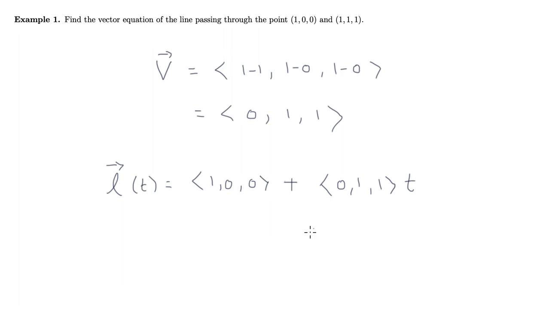So here's the vector equation of the line, and we can write this as (1, t, t). And you see, if we take t equal to 0, we get this point, and if we take t equal to 1, we get this point. So this line really does pass through both of those points.